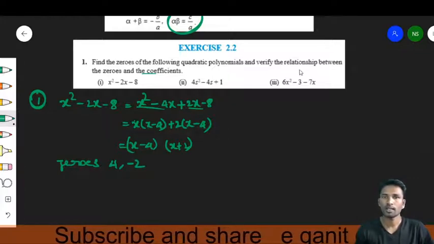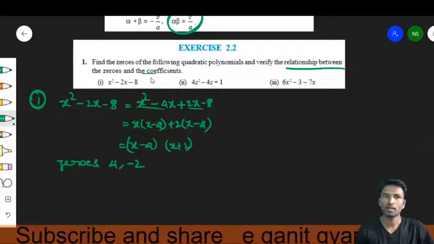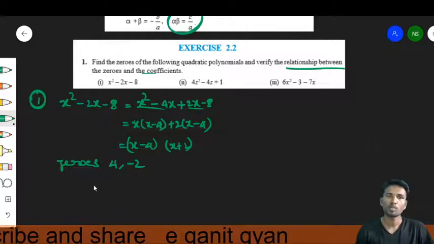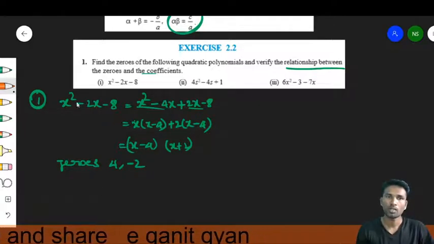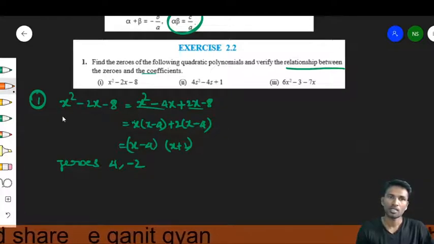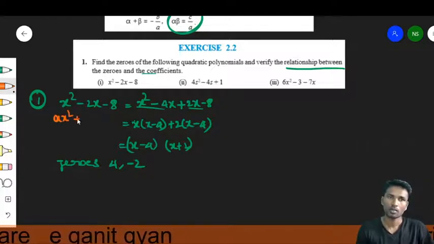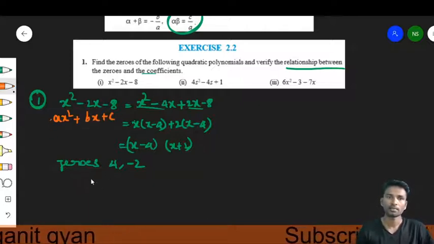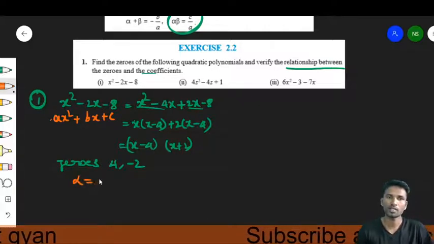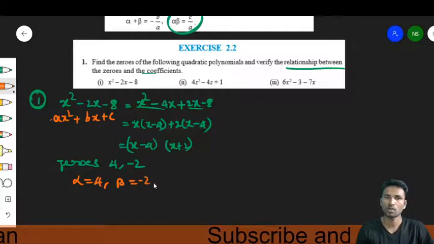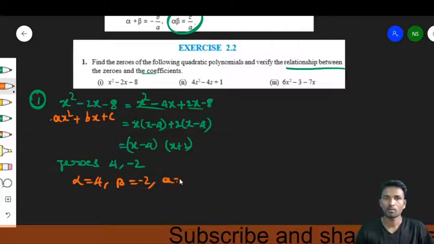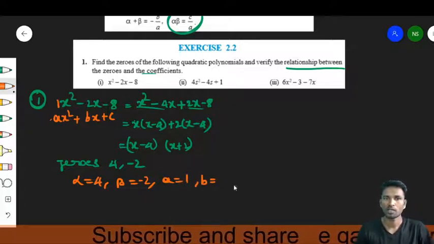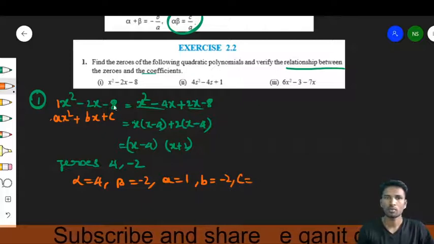Now I want to check the relationship between the zeros and the coefficients. If alpha and beta are zeros, alpha plus beta should be equal to minus b by a. So what should I do here? For that I need to compare this equation with ax square plus bx plus c. If I compare, I get alpha is equal to 4 and beta is equal to minus 2. Then what are the values of a, b and c? From the equation I get a is 1, b is minus 2 and c is minus 8.